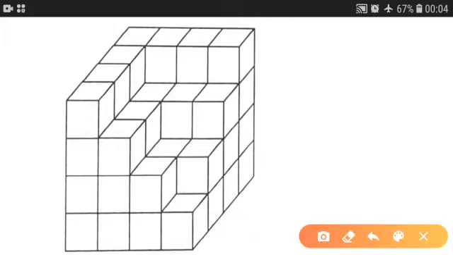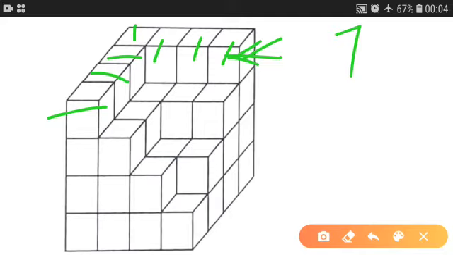In the first layer, how many cubes are there? 1, 2, 3, 4, 5, 6, 7. In the second layer 7 cubes are there, and similarly below this first layer again we have 7 cubes, surrounded here like this. Now 8, 9, 10, 11 and 12.